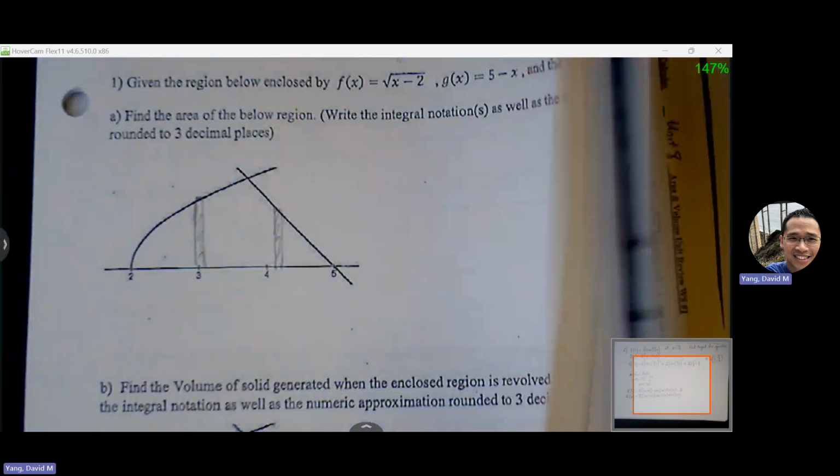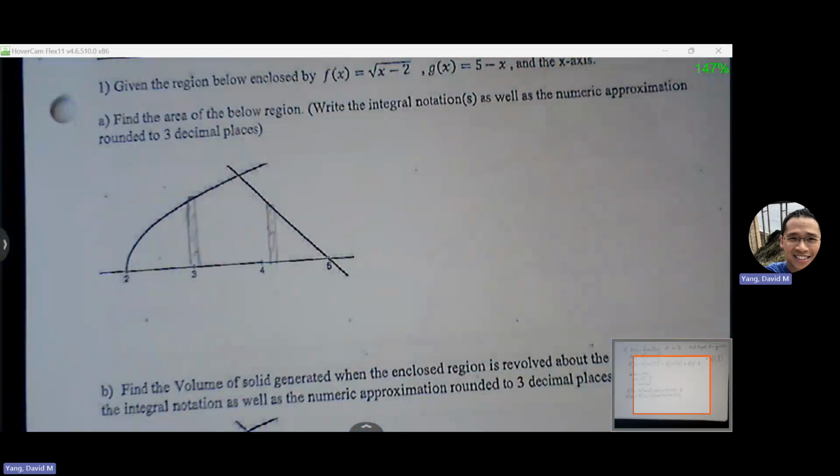So just for practice purposes, on the quiz, you can decide how you want to do the problem. I'm not going to say, okay, this you got to do top minus bottom, or this you got to do right minus left. But just for practice purposes, let's do it top minus bottom first, and then try it right minus left, just to see if we can be comfortable with adjusting the bounds, adjusting the equation for right minus left. Okay, so do top minus bottom first.